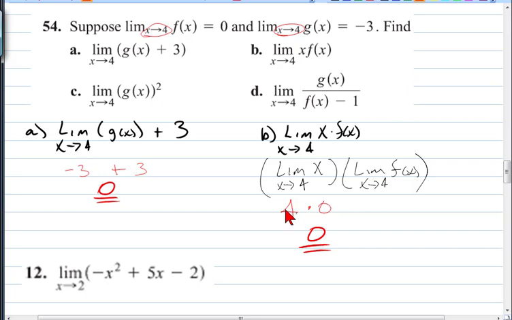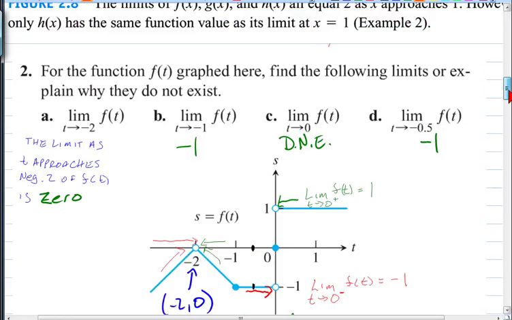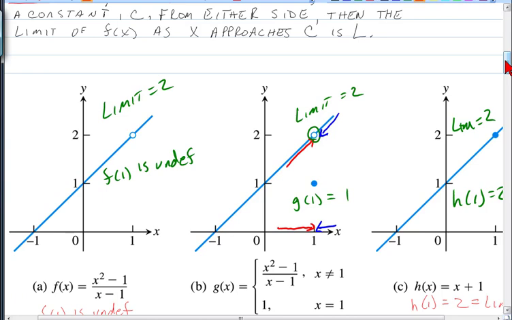You didn't see why? The limit of x as x goes to 4, you can use direct substitution. That's a constant function, right? The only time you can't plug in this number into the function is if that function is undefined. Let me go back to this example.